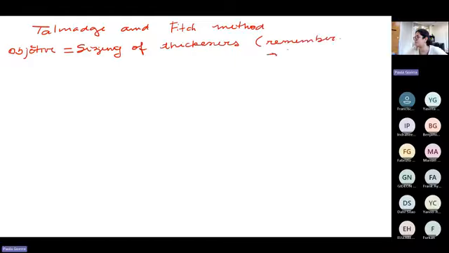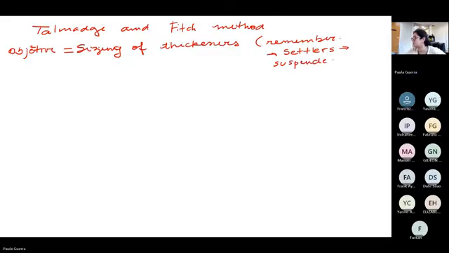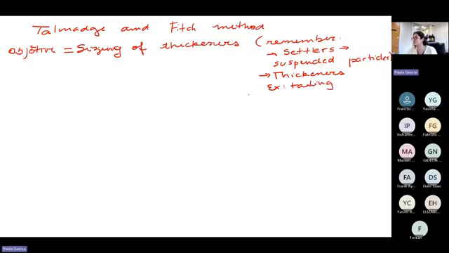On one side, we have settlers that are for the settling of suspended particles. And on the other side, we have thickeners. When it comes to tailings, for example, this is where we use these thickeners. They're focused on producing thickened slurries.